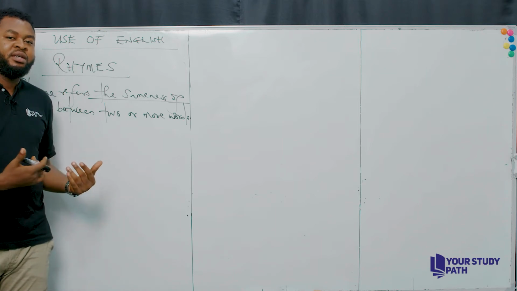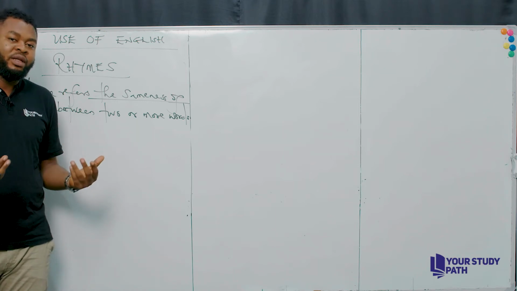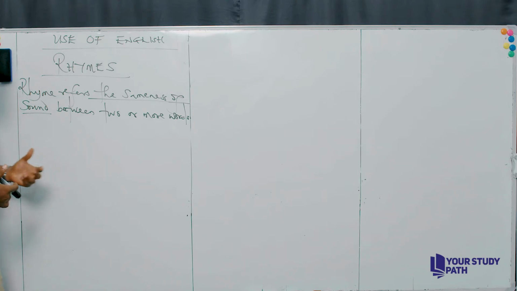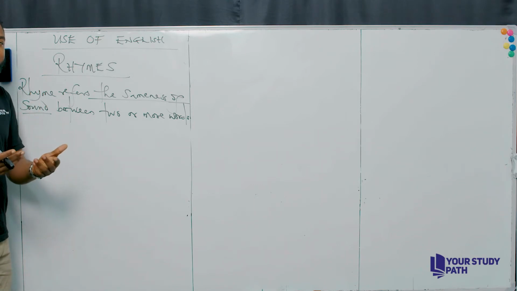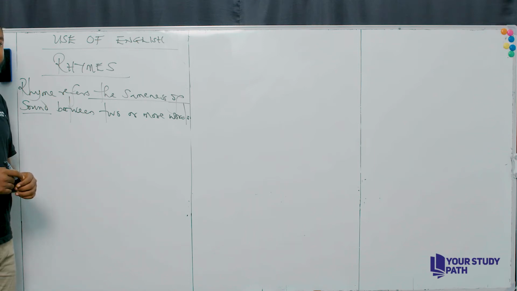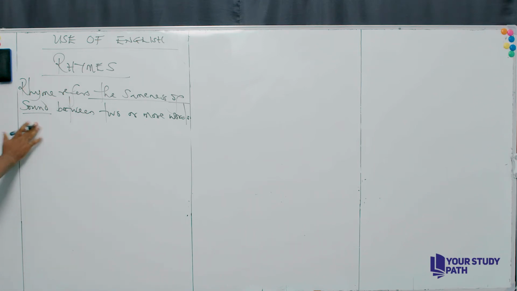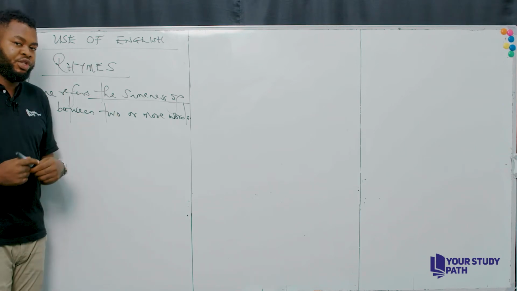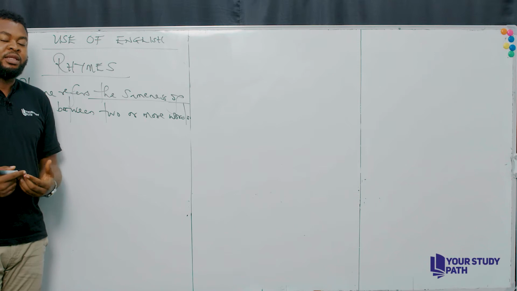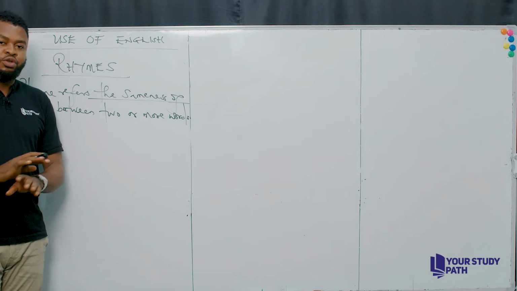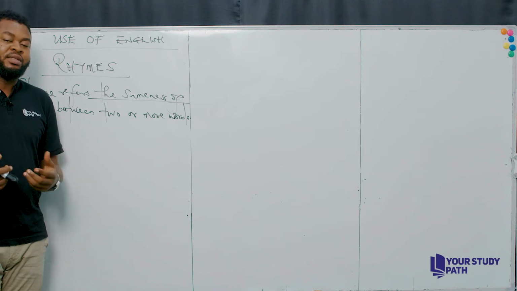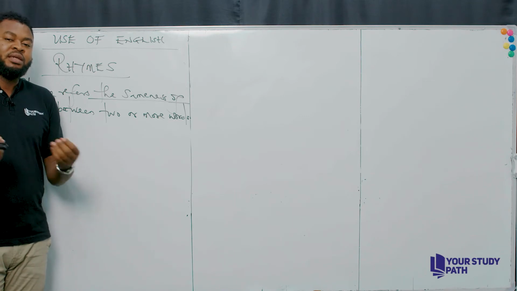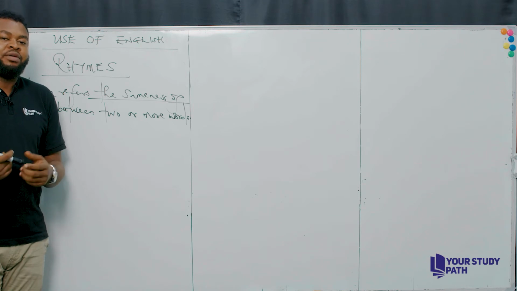But here, on the sound system or oral English, rhyme depicts the fact that you would have two or more words that project the same sound. So let's continue. Usually for rhyme, the attention is not on the spellings, not the orthography. The attention basically is on the sound system of the word, the sound which the word carries.